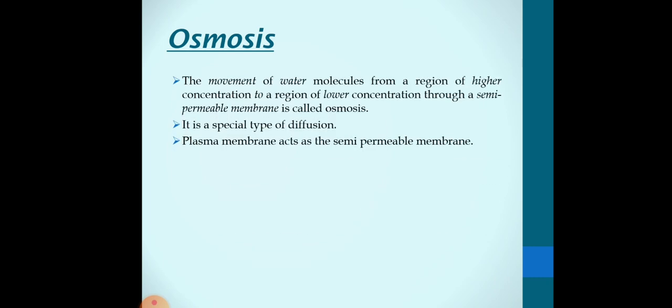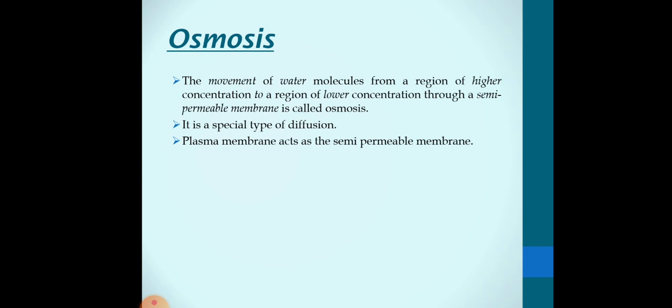Now is osmosis. Osmosis is also a special type of diffusion. We will study now what it is. So what is osmosis? Osmosis is the movement of water molecules from a region of higher concentration to a region of lower concentration through a semi-permeable membrane. You can see this definition is quite similar to that of diffusion.